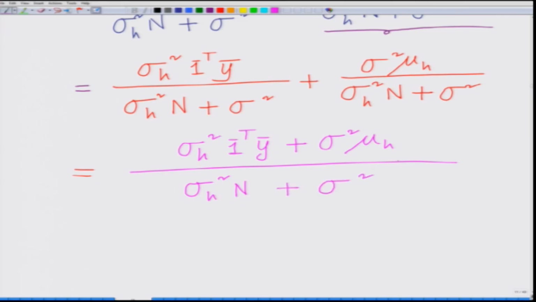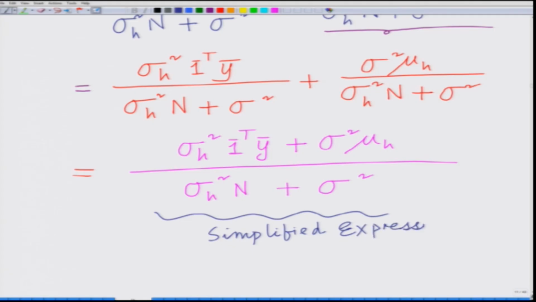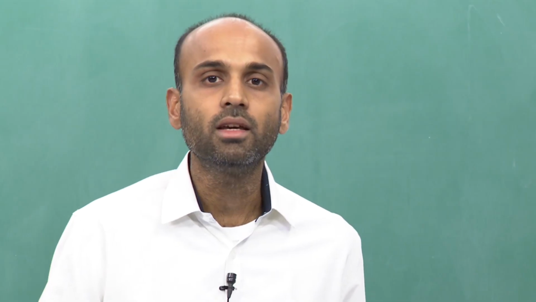This is the simplified expression. It is a much simpler form because it does not involve any matrix inverses like we have seen, and we are going to simplify it further, but this is an intermediate simplified expression of the MMSE estimate.